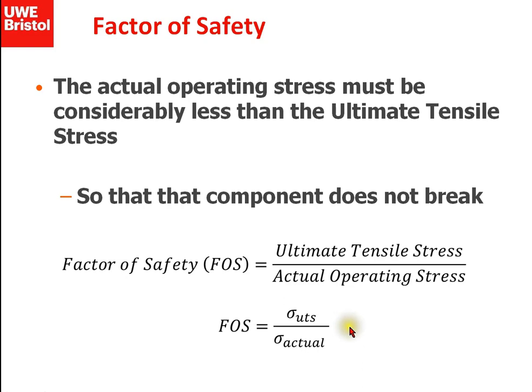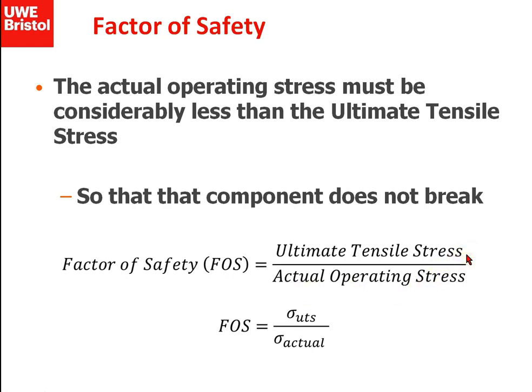I should point out that different types of engineers do use different stress values here. So it might not necessarily be the ultimate tensile stress that we measure factor of safety with, but for our module we will use that term for measuring factors of safety. So what we need to do is find the largest stress that my component can experience and divide it by the amount of stress I'm planning to apply to my component.